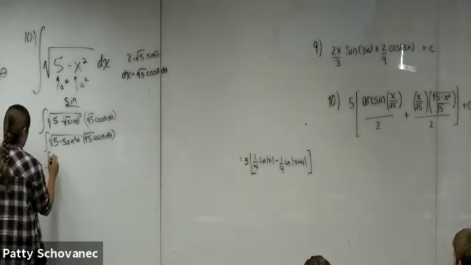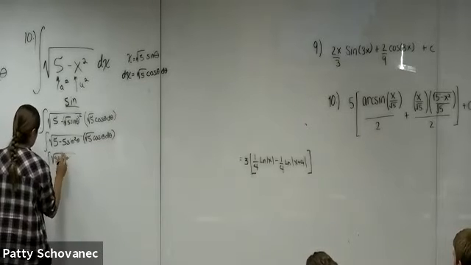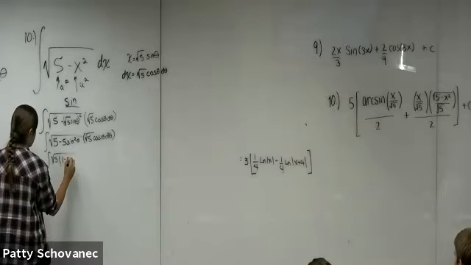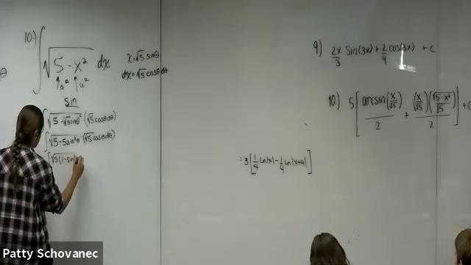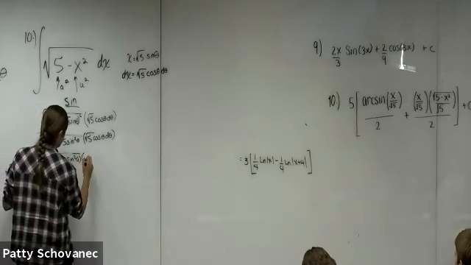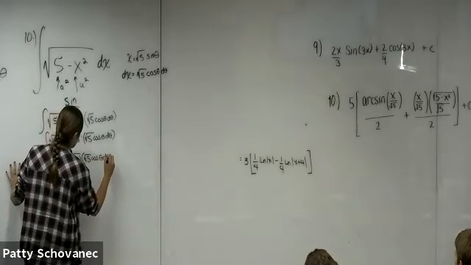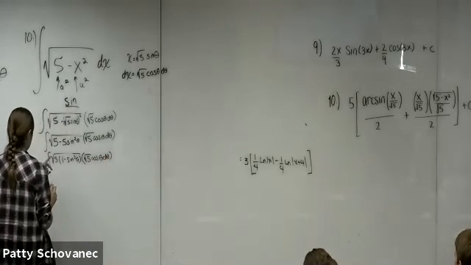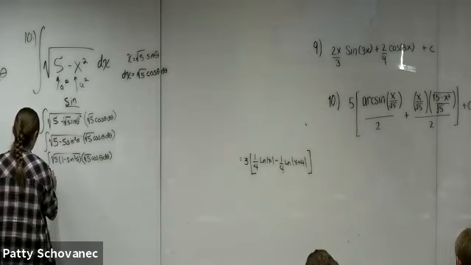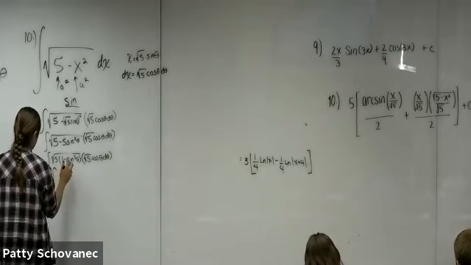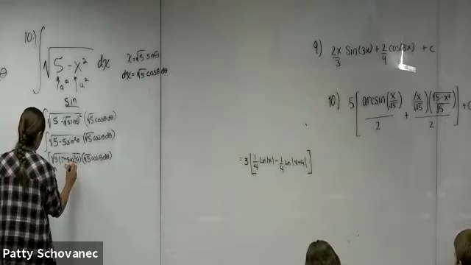Then take out the 5, and take out the square root of 5, times the integral of this, which is cosine squared theta.